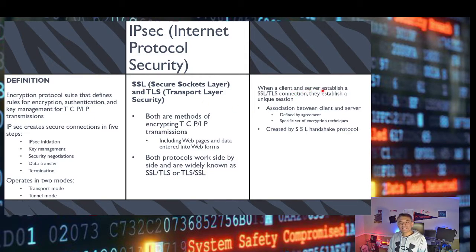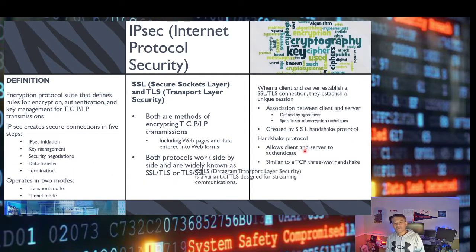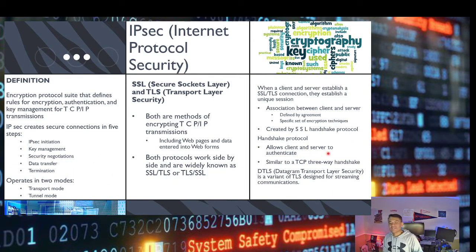When a client and server establish an SSL-TLS connection, they establish a unique session. The association between client and server is defined by agreement on a specific set of encryption techniques. It is also created by the SSL Handshake Protocol. The Handshake Protocol allows clients and server to authenticate with each other.